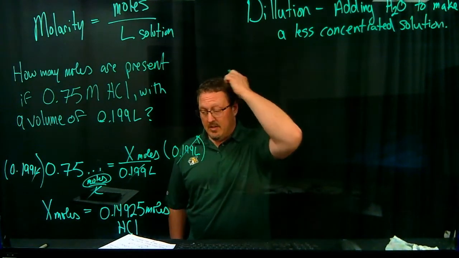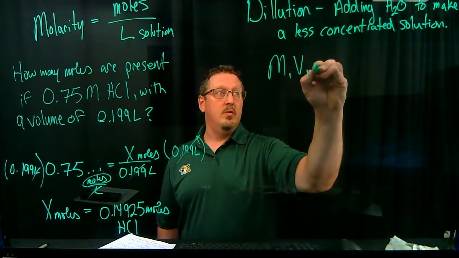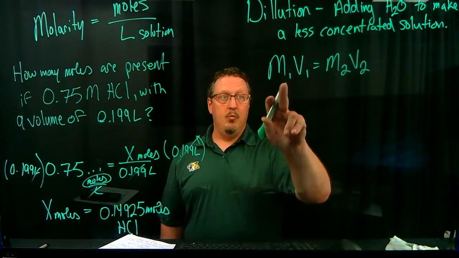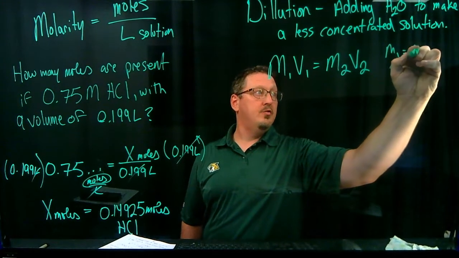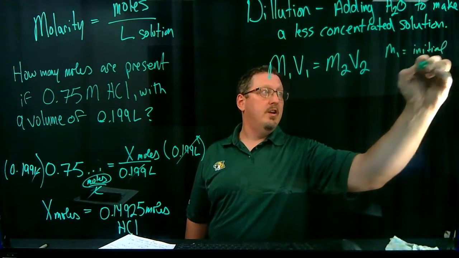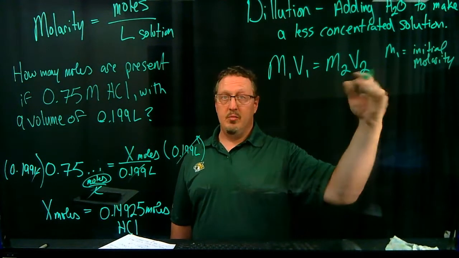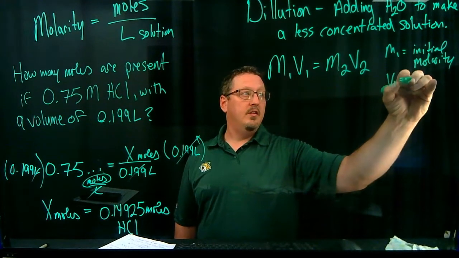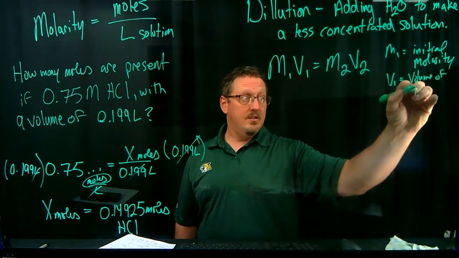Now the easiest way to do that is to use this formula. M1V1 equals M2V2. M1 is my original molarity, so that's the initial molarity of my more concentrated material. V1 is the volume of initial needed.